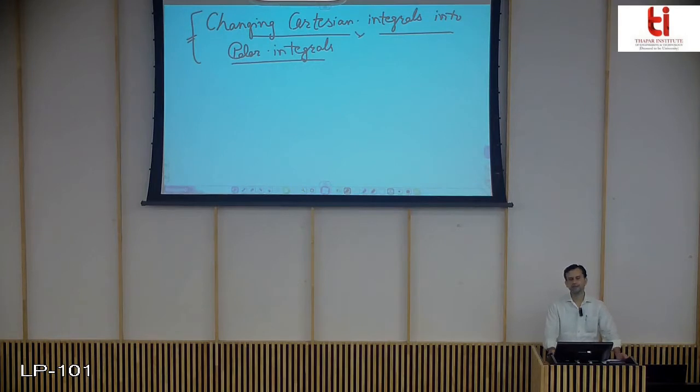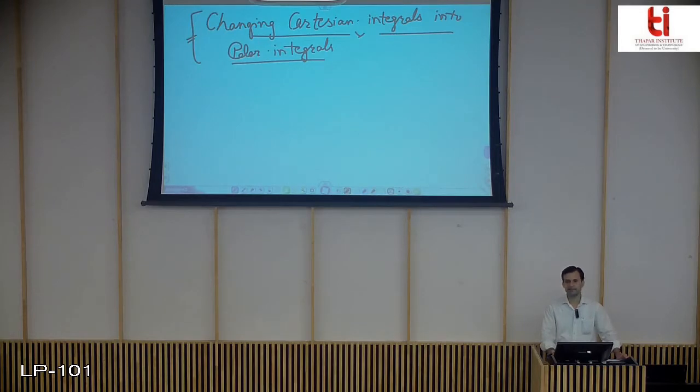Now it is not always necessary that the region is difficult to plot or sketch in Cartesian. However, what happens is that the integration itself in Cartesian sometimes becomes very difficult to work with.